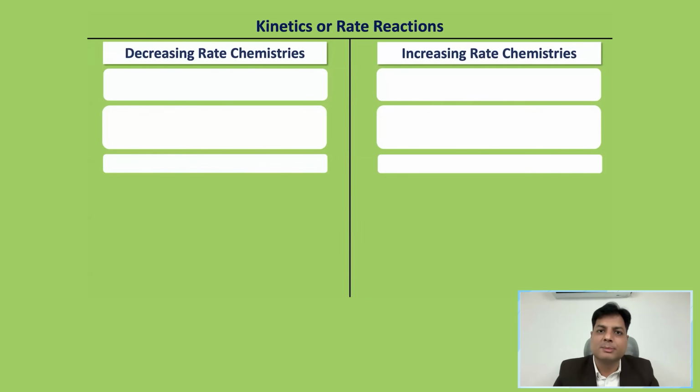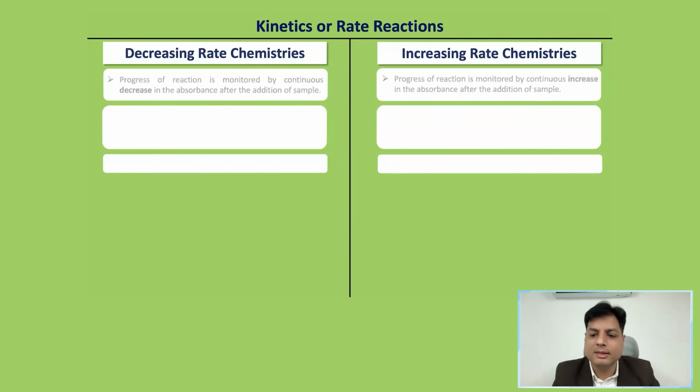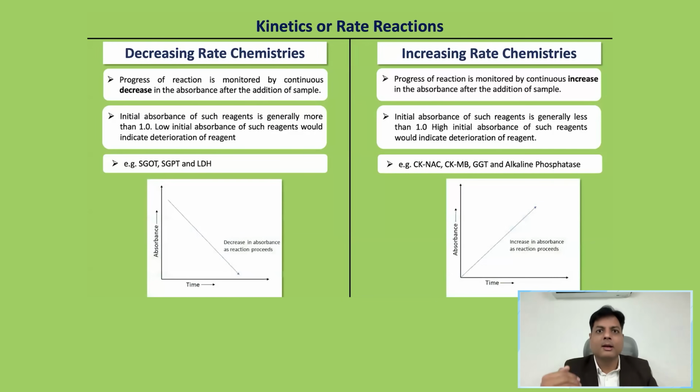If we measure the amount of substrate being consumed per minute, then originally we will have very high absorbance, because the concentration of substrate is very high. As and when the substrate is getting consumed in the reaction, the absorbance will keep on decreasing, which is visible in the first graph.